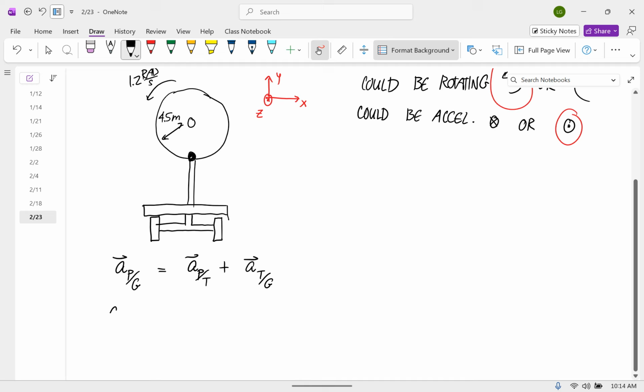The acceleration of the passenger relative to the train is just circular motion. So what equation am I going to use for that? Yeah, watermelon equation. So this is alpha cross r plus omega cross quantity, omega cross r.